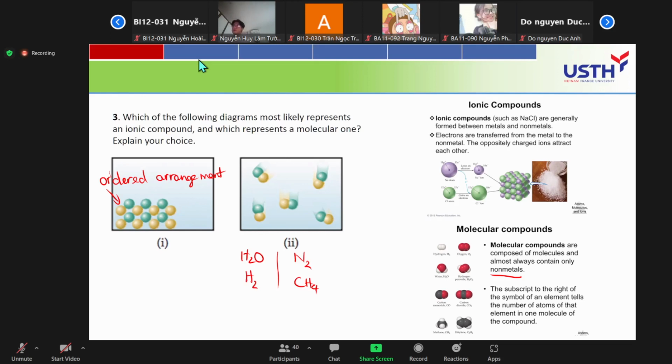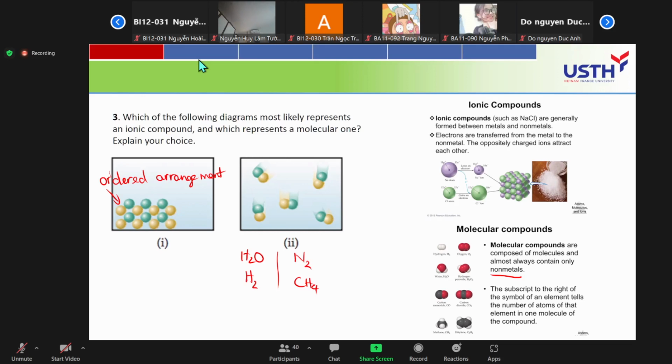But in this case, in the process of making molecular compounds, the electron will not move from one atom to the other atoms. They are not moved like in the case of ionic compounds.